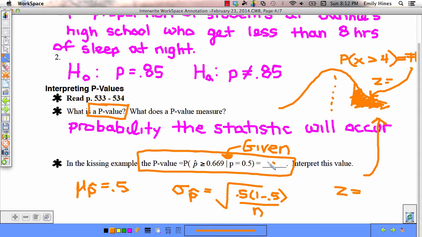And if my p-value is small, like 1% or 2%, I say, wow, that's so unlikely that that would happen that maybe this really isn't the true value. Maybe it's something higher than that, and that's why I got such a large value for p-hat.